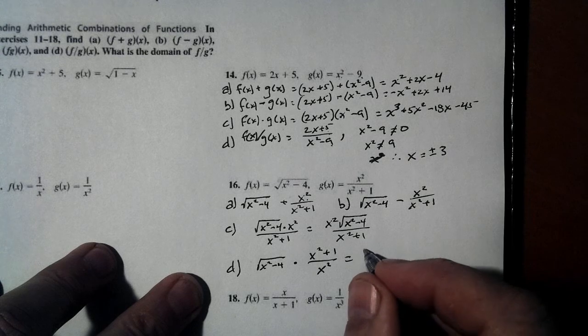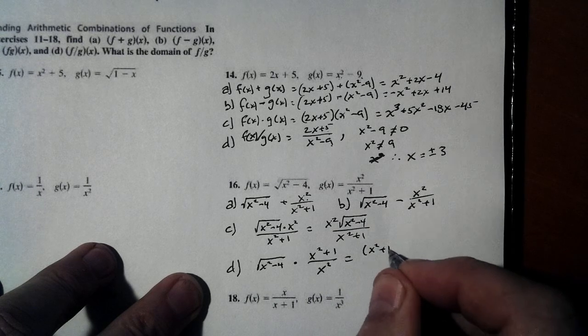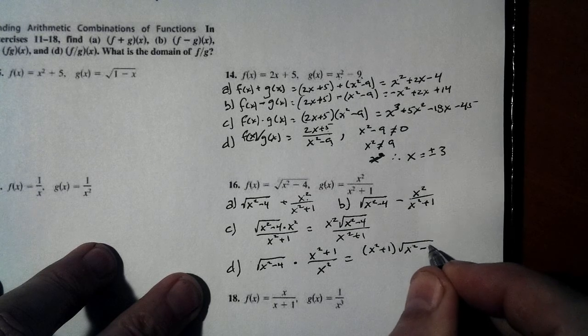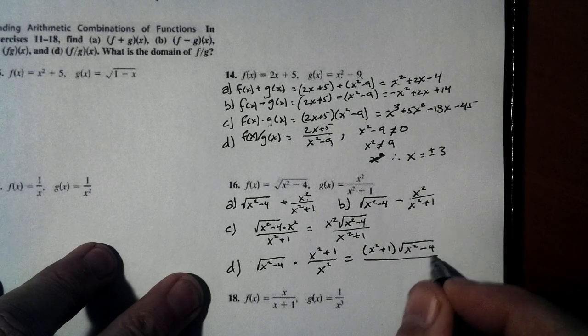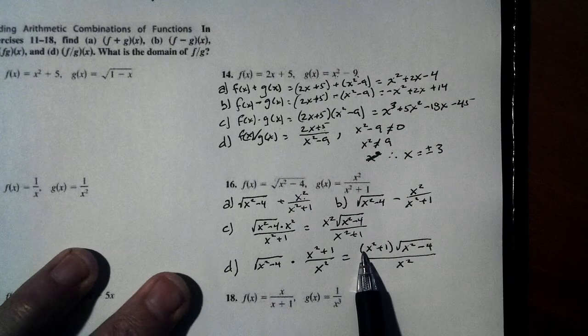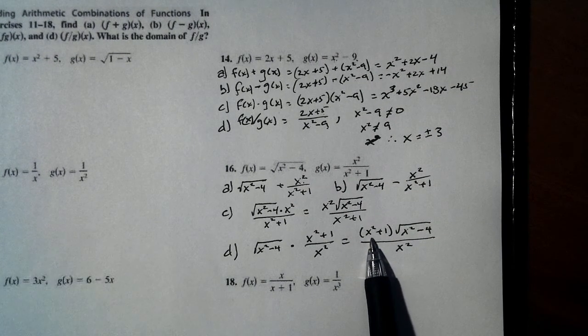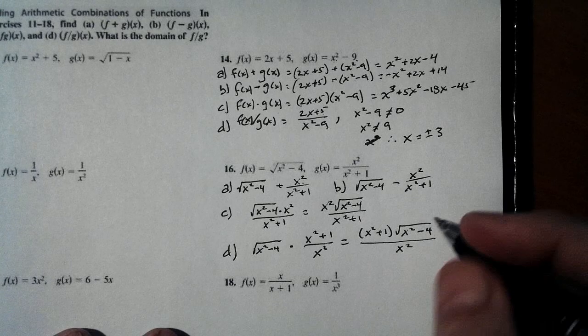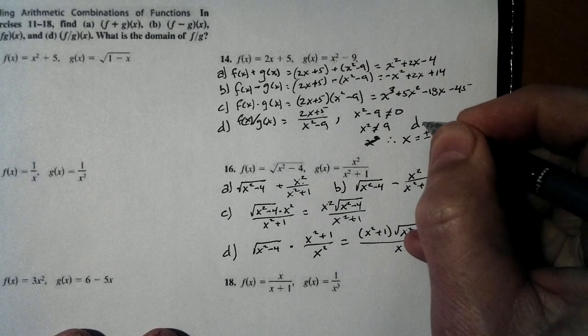And we end up with x squared plus 1 times the square root of x squared minus 4, all on x squared. Can we cancel these x squareds? Absolutely not. This x squared is a term of this factor.